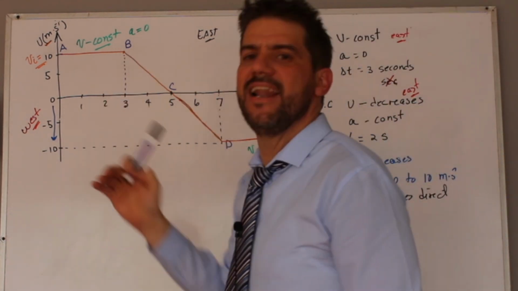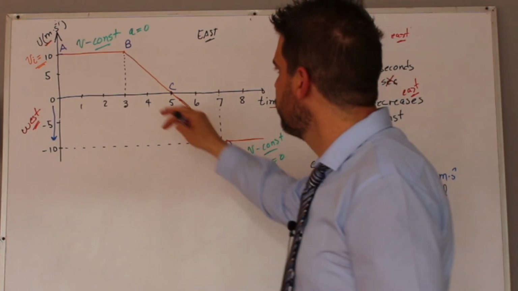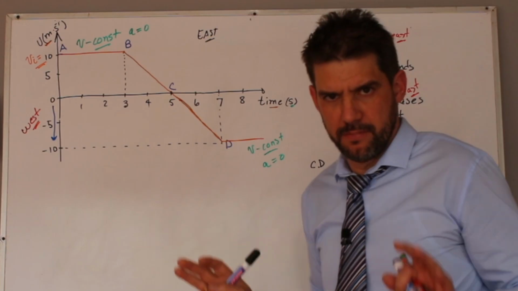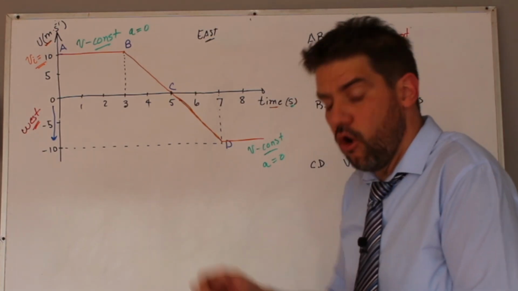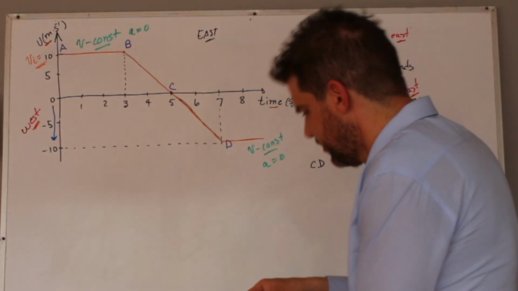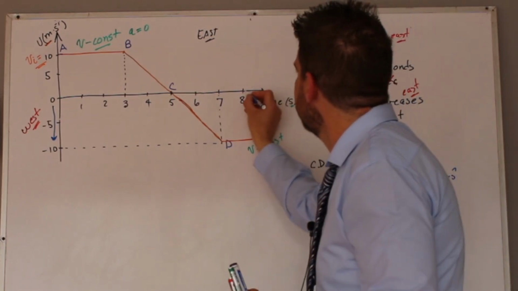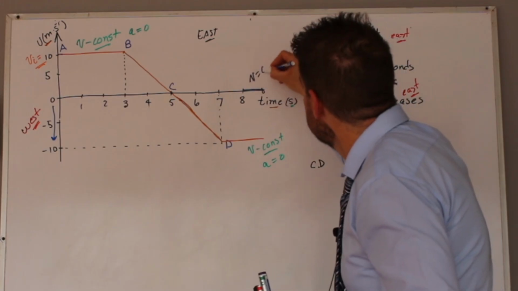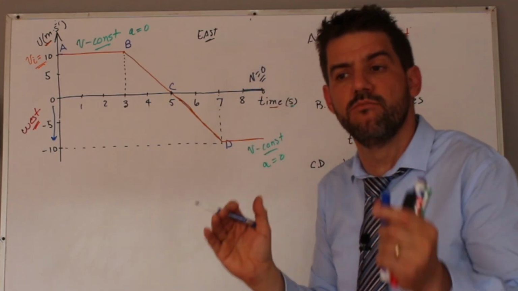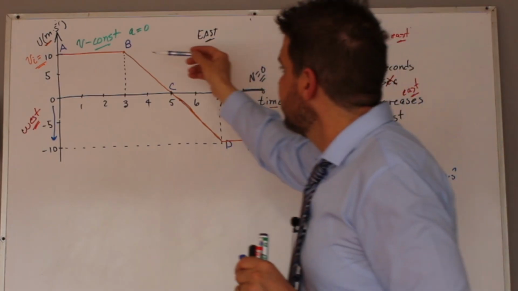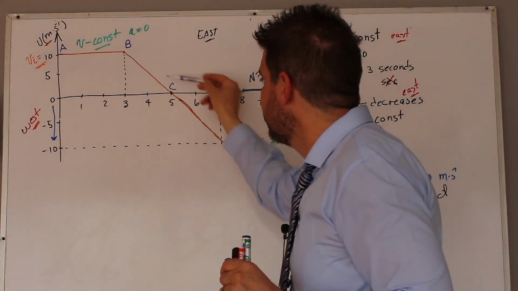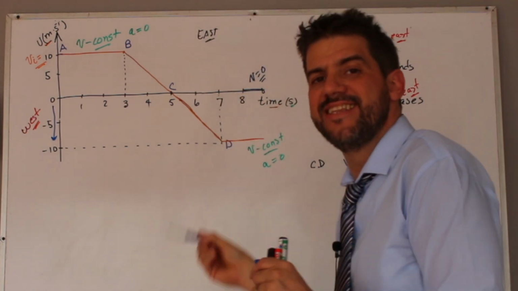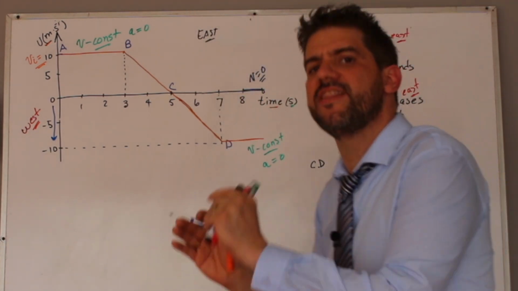If you have a line that is parallel to the x-axis, it means the object is moving at constant velocity. Nothing to say. If the line is on the x-axis, that means that velocity is equal to 0. The object is not moving. When the line is moving towards the x-axis, above the x-axis, the velocity decreases in the positive direction.